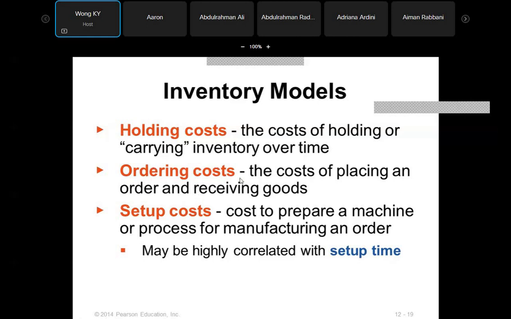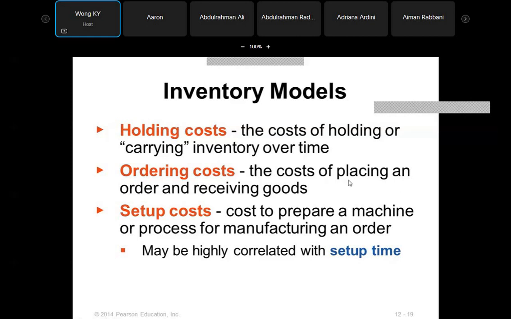Okay, what about ordering cost? Another element of the inventory cost is called ordering cost. Ordering cost is the cost of placing an order or receiving goods. For example, we are trying to place an order from our supplier, so we call our supplier to place an inventory order. That telephone bill, because we call the supplier, is actually part of ordering cost.